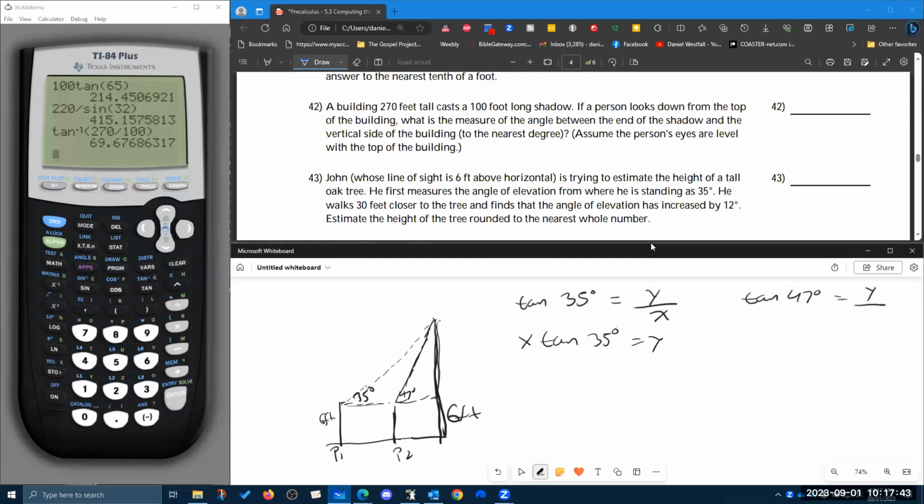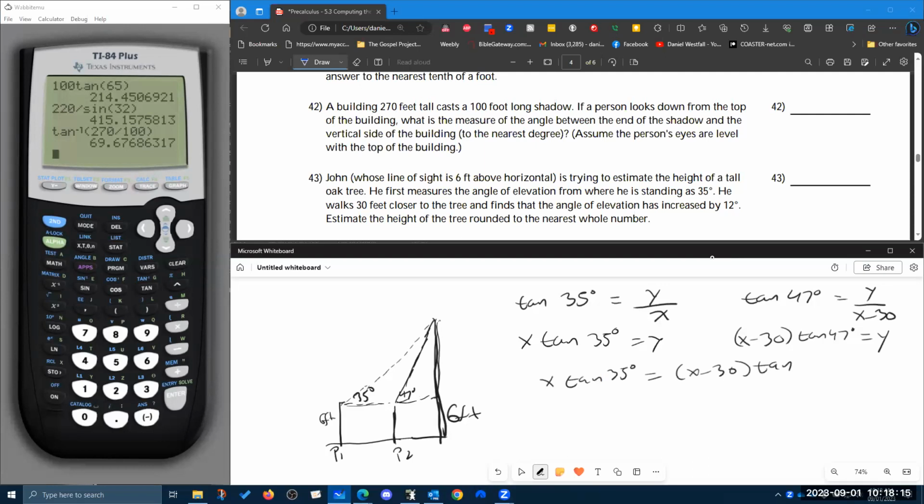So 30 feet, excuse me, X minus 30. So he's 30 feet closer. So X minus 30 times tan 47 is equal to Y. Well, Y and Y are the same thing. So this is X tan of 35 degrees is equal to X minus 30 times tan of 47 degrees.